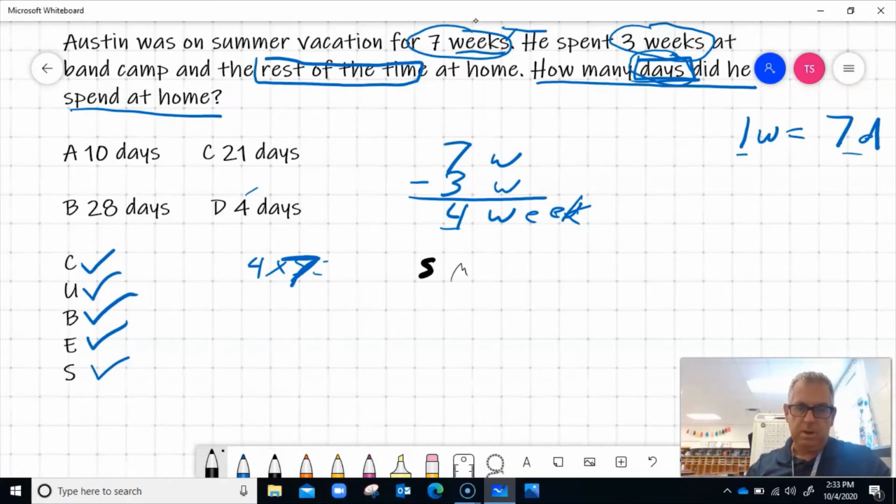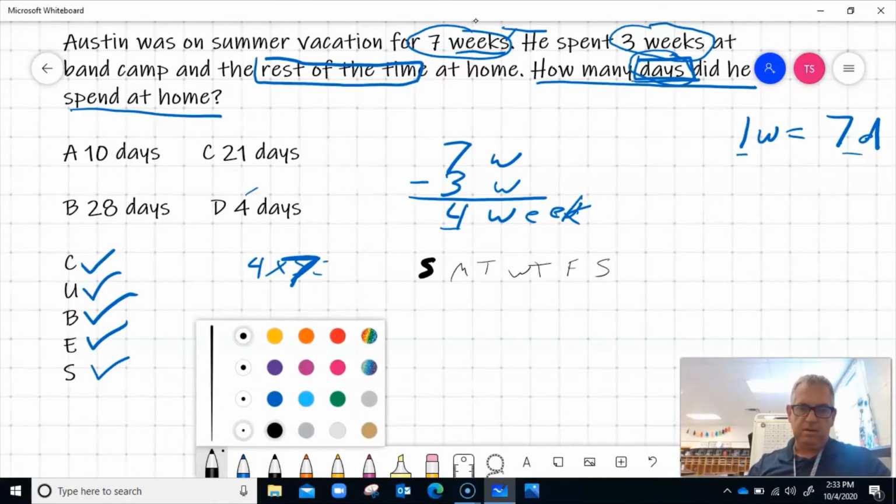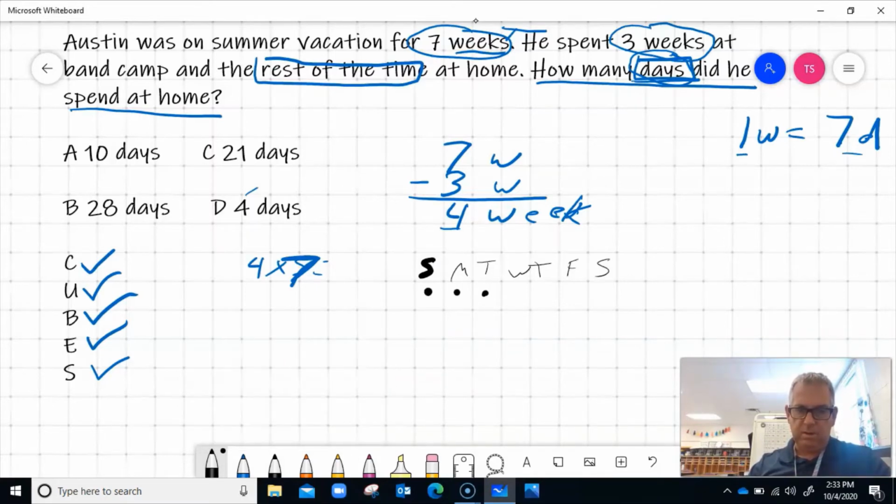Sunday, Monday, Tuesday, Wednesday, Thursday, Friday, and Saturday. That's my 7 days of the week. And each one of those, I'm going to put a dot to represent. So the first week has 7 days: 1, 2, 3, 4, 5, 6, 7.